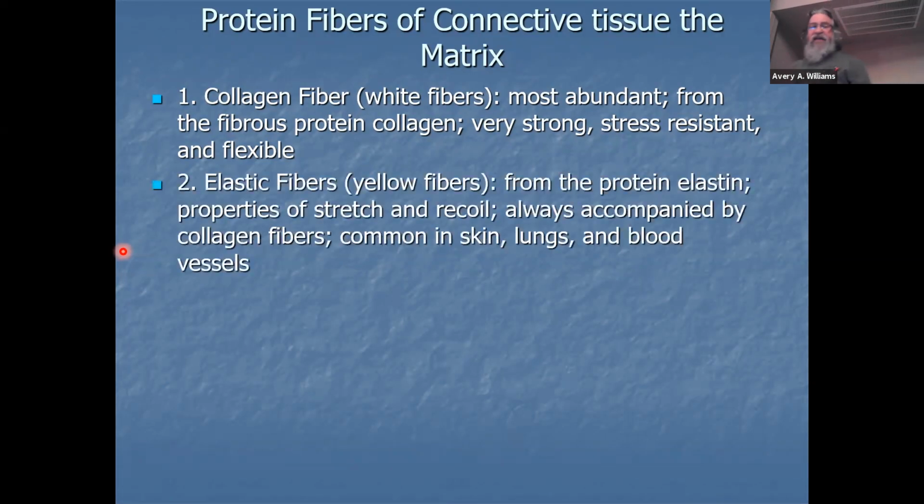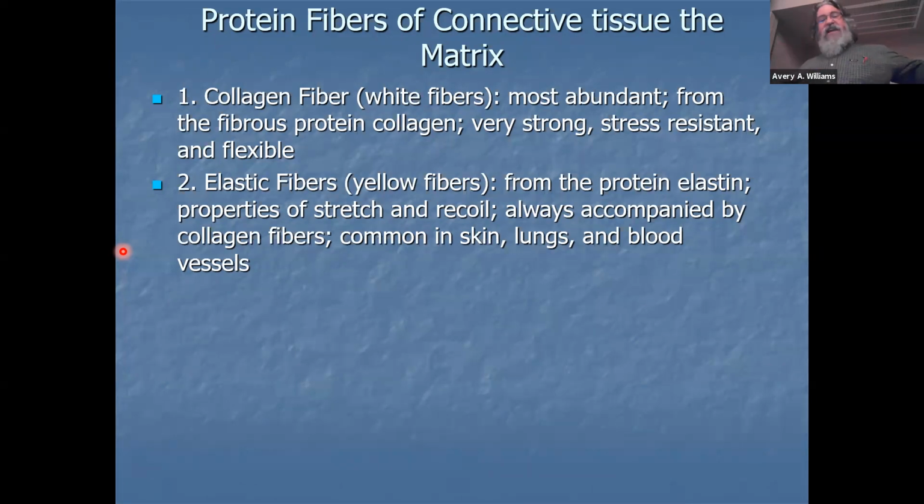Now, another kind of fiber is called elastic fibers. Elastic fibers are sometimes called yellow fibers because to the naked eye they have a more yellowish look, a different color than collagen fibers, because they're made out of a completely different protein. The name of the protein that makes elastic fibers is elastin. And like you might expect, elastic fibers have the properties of stretch and recoil, like a spring.